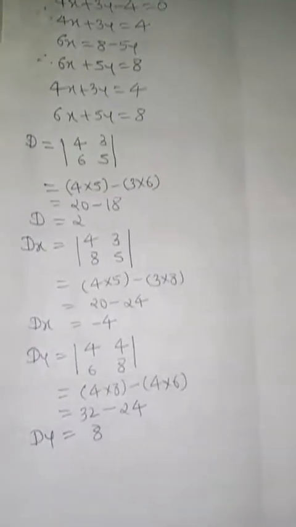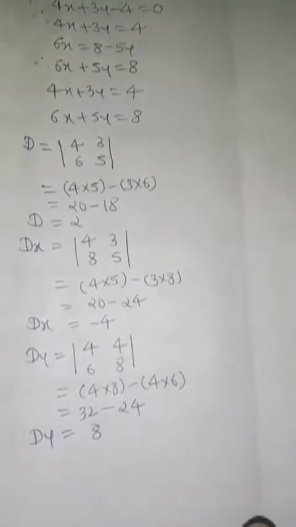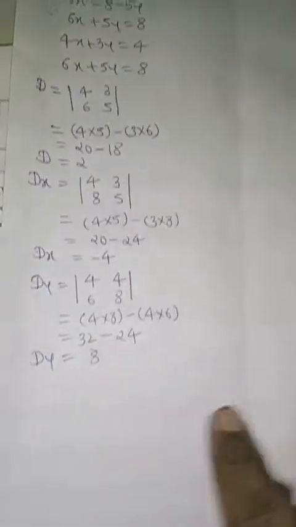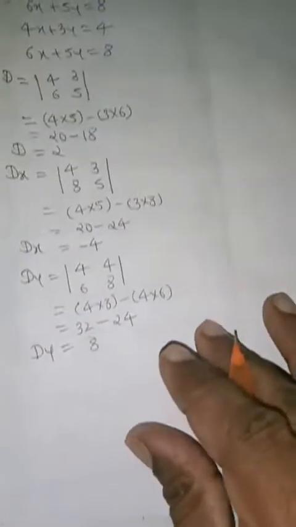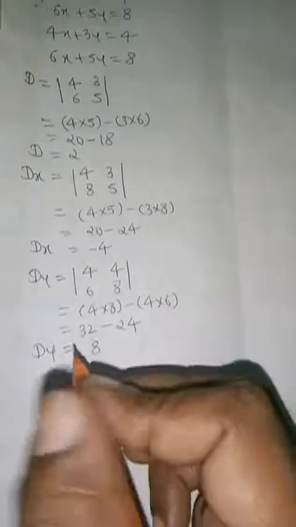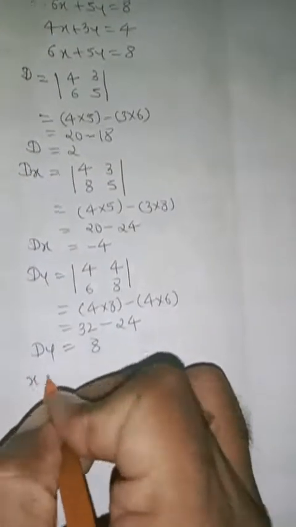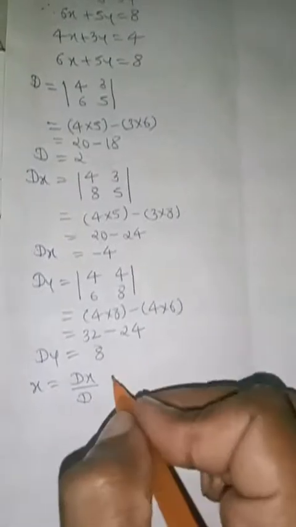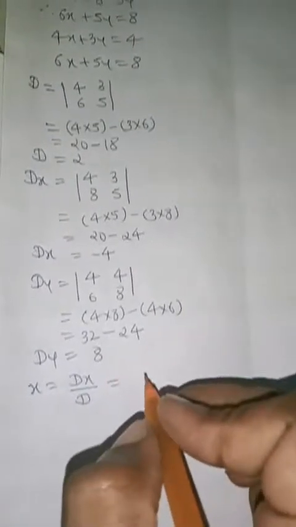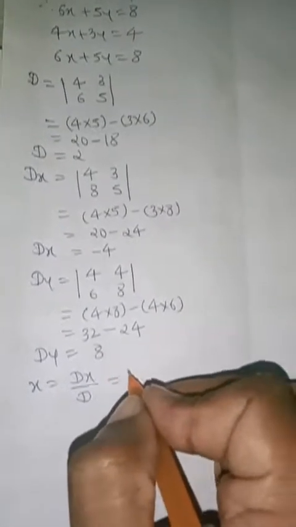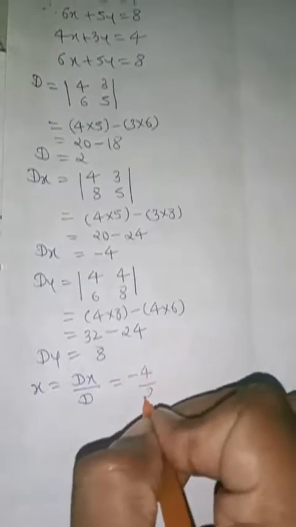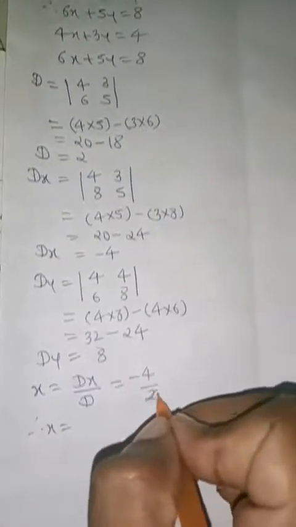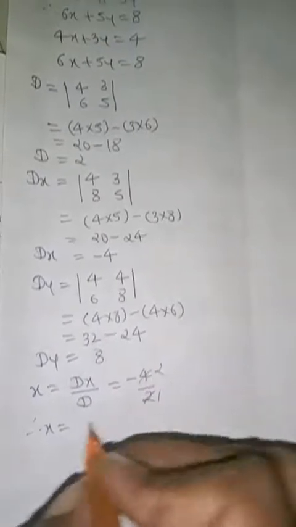Here we now have the values of D, Dx and Dy. Now we have to find the value of x and y. For that, first we know that x is equal to Dx upon D. Value of Dx is minus 4 upon 2. Therefore x is equal to minus 2, since 2 ones are 2, 2 twos are 4.